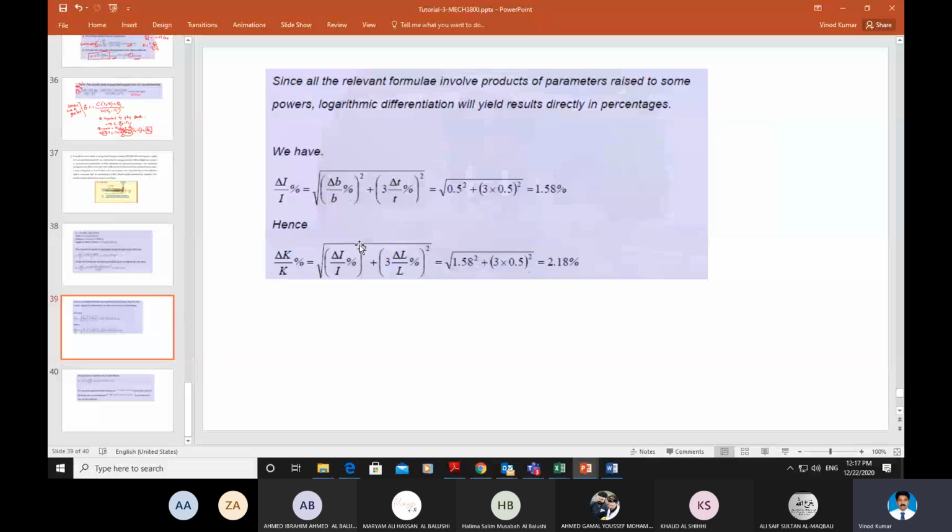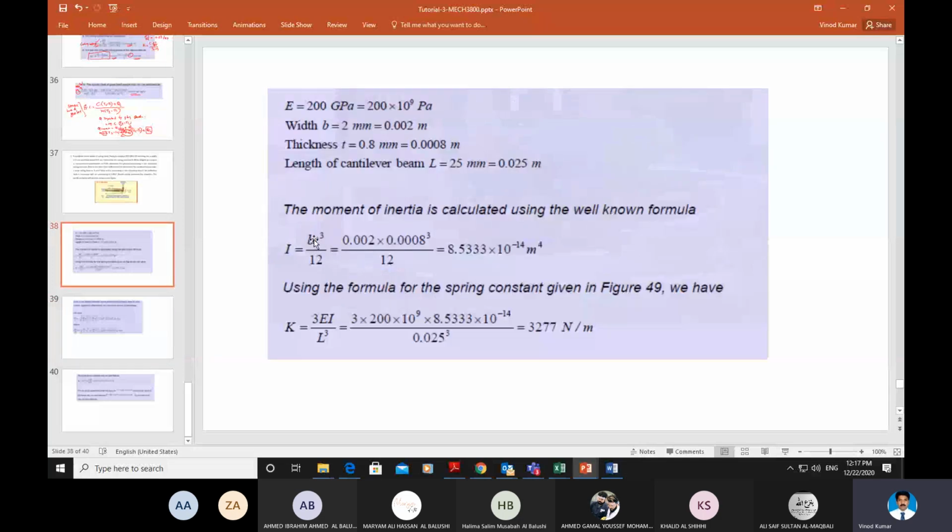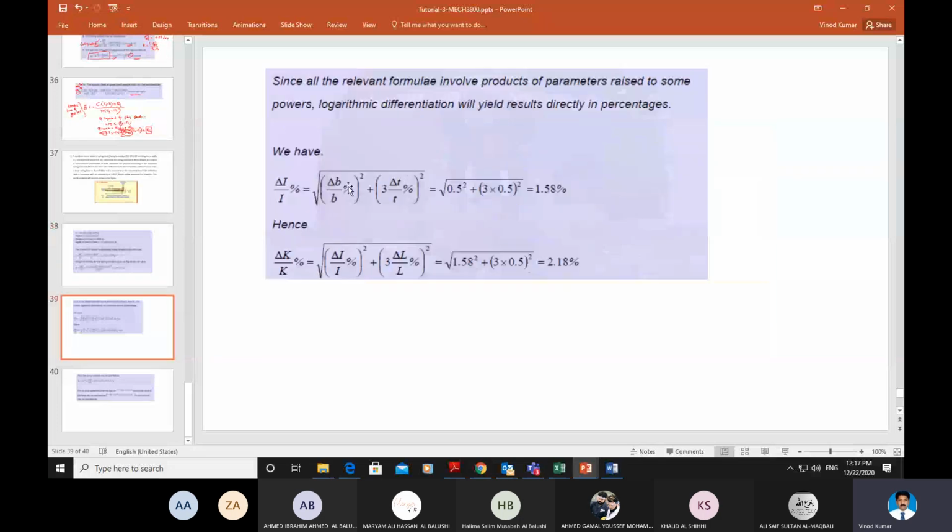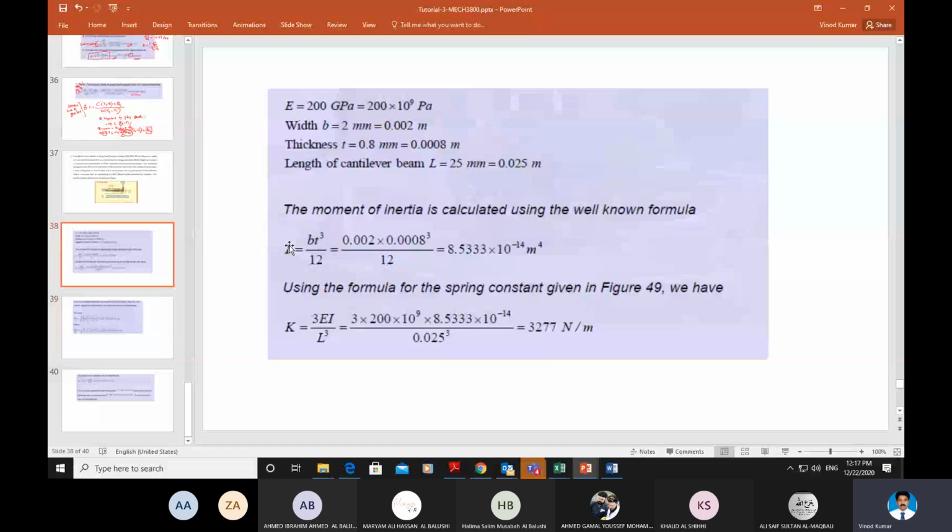Look at that. So I told you before, if it is t cube, it will be 3 times delta t over t. If it is b raised to 1, it will be delta b by b. So here, square root of root sum square method, square root of delta b over b the whole square plus 3 times delta t over t the whole square. This equation, is that clear to you? Because we are calculating delta I, change in uncertainty in moment of area, I equal to b raised to 1. 1 is the index.